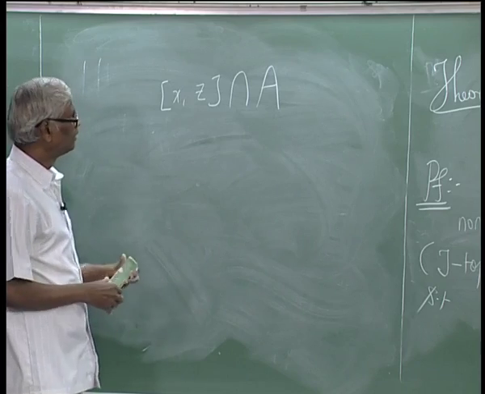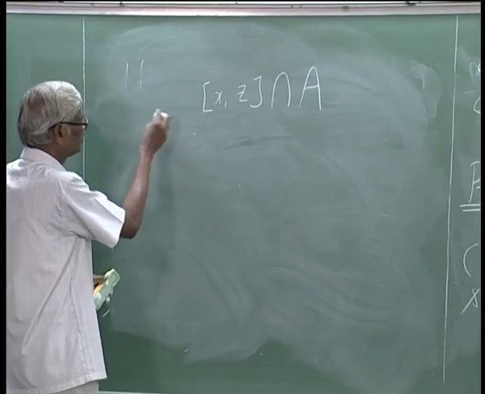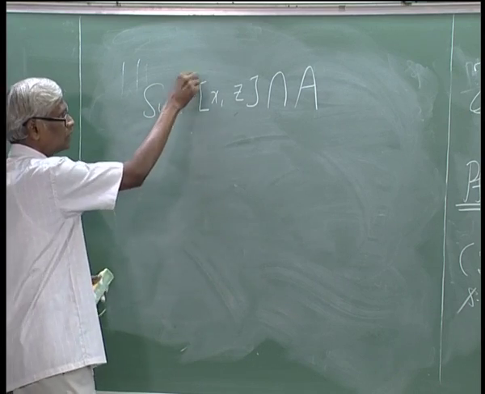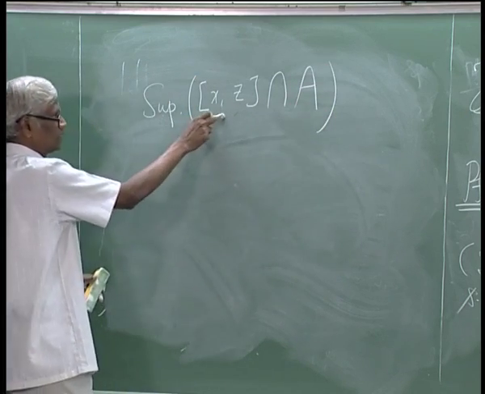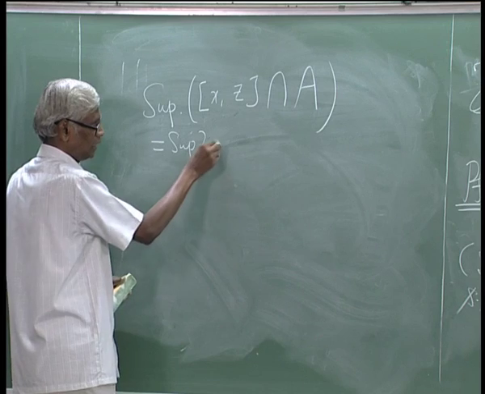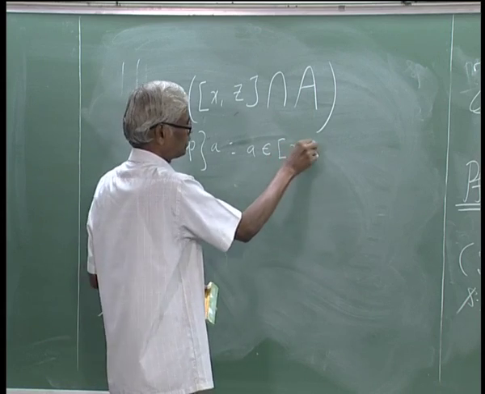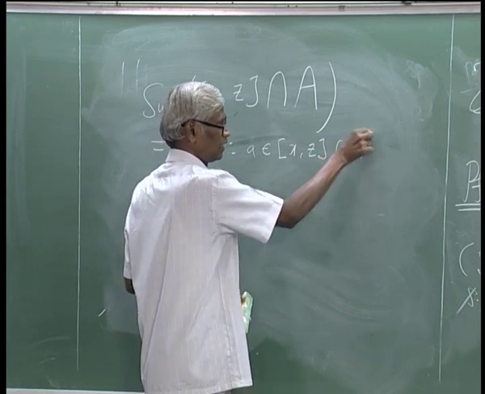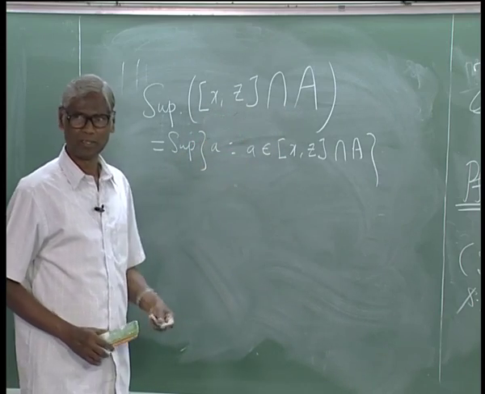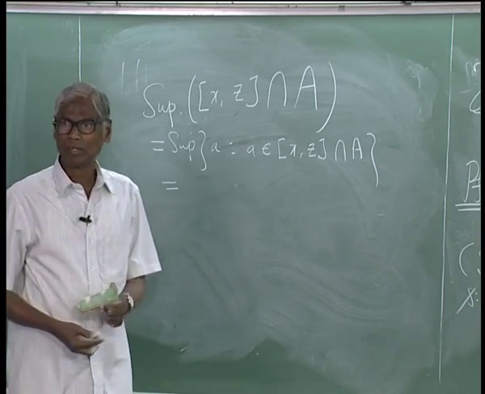This is a bounded subset of R, so we call its supremum, the supremum of the set of all a, where a belongs to the closed interval x comma z intersection A. The supremum will exist, by our LUB axiom.